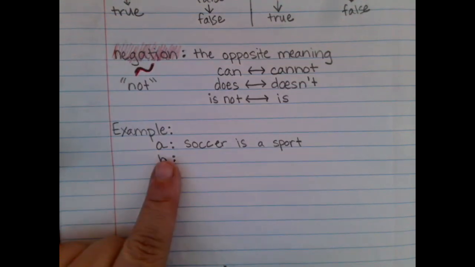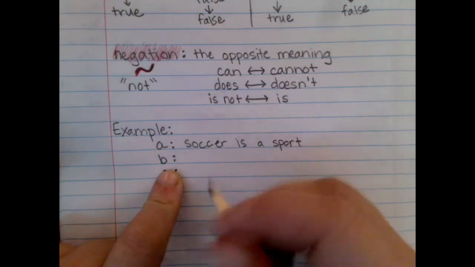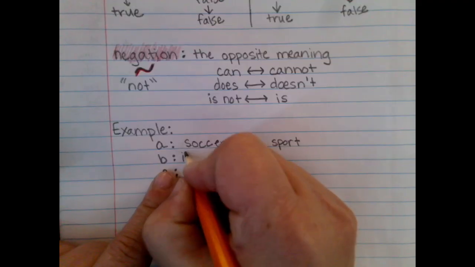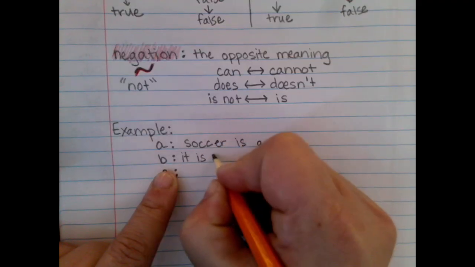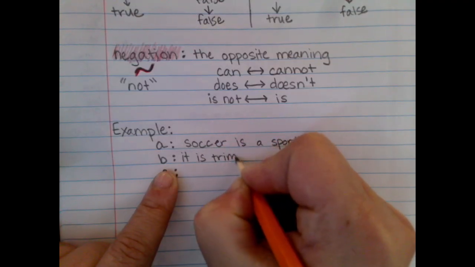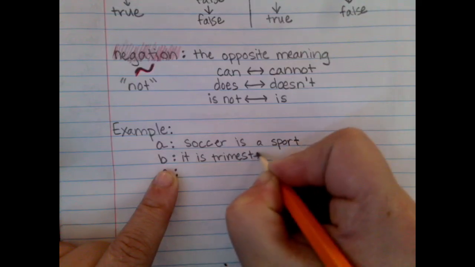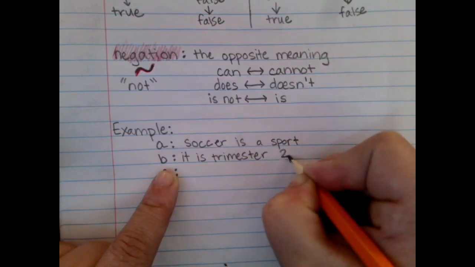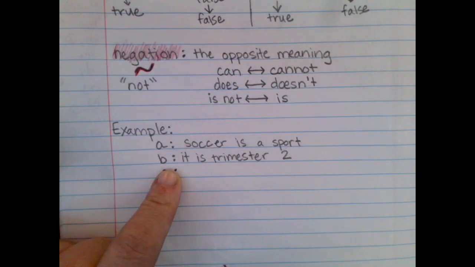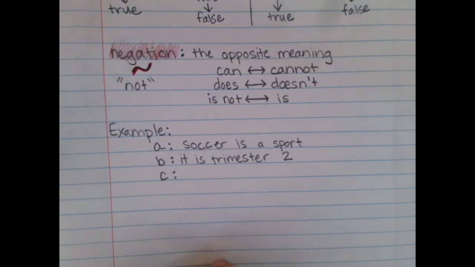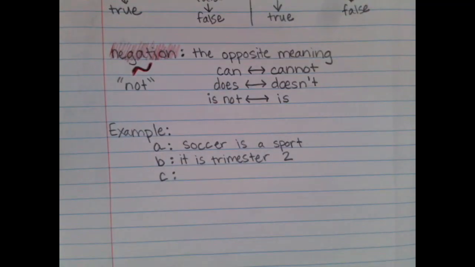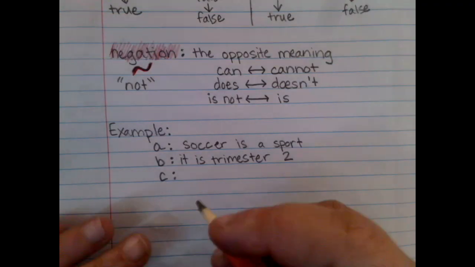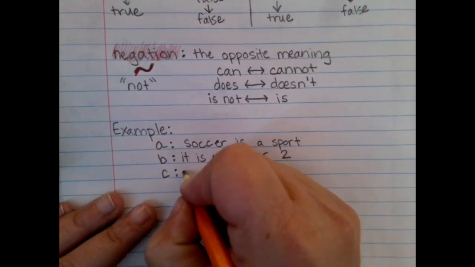Okay, statement B is going to say it is trimester 2. It is trimester 2. And statement C is going to say it is not July.